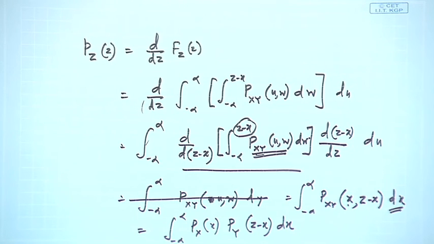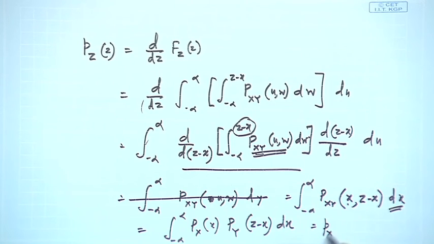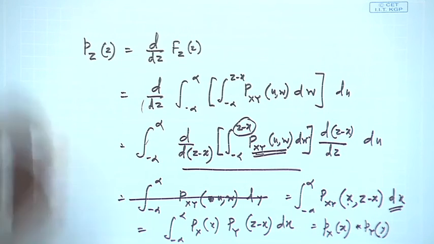What do I get? I get a convolution. You can identify this function. This is just the convolution of p_X and p_Y, and because this variable is z, it takes you to z.